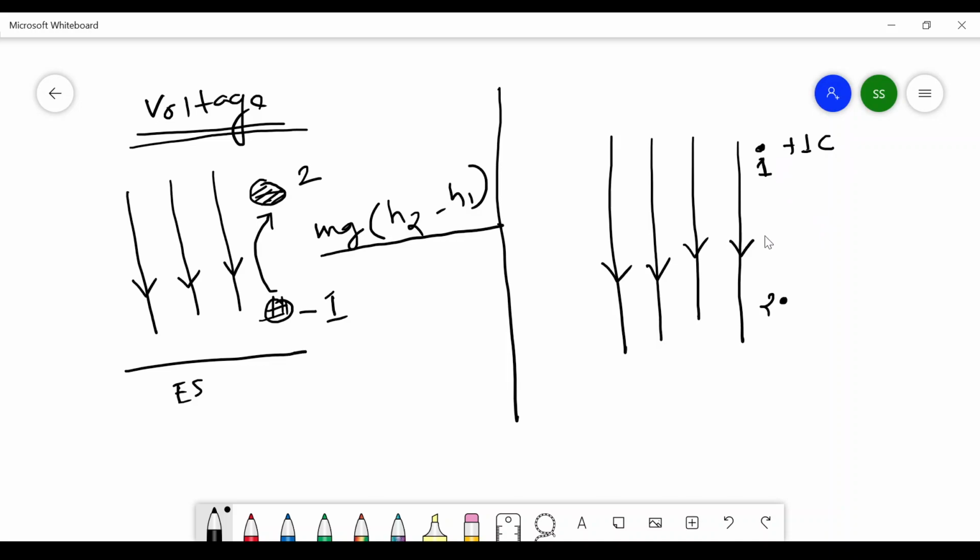The energy gained by this charge is the value of charge times the potential difference between point 1 and point 2. So the potential difference is what helps the charge flow from one point to another.